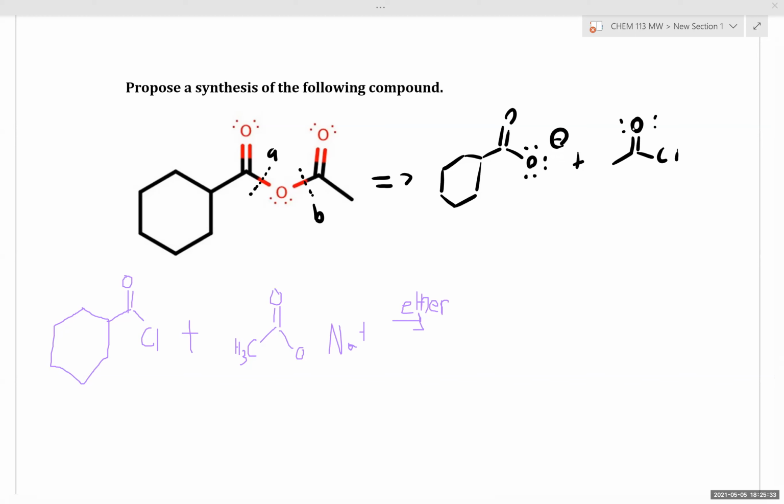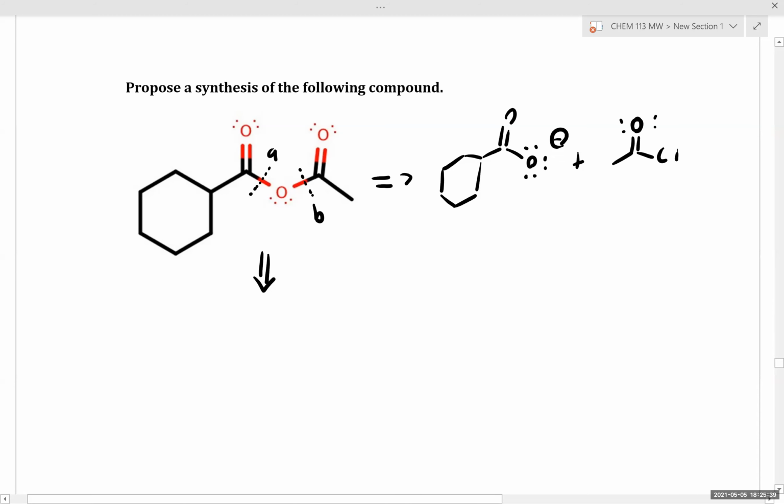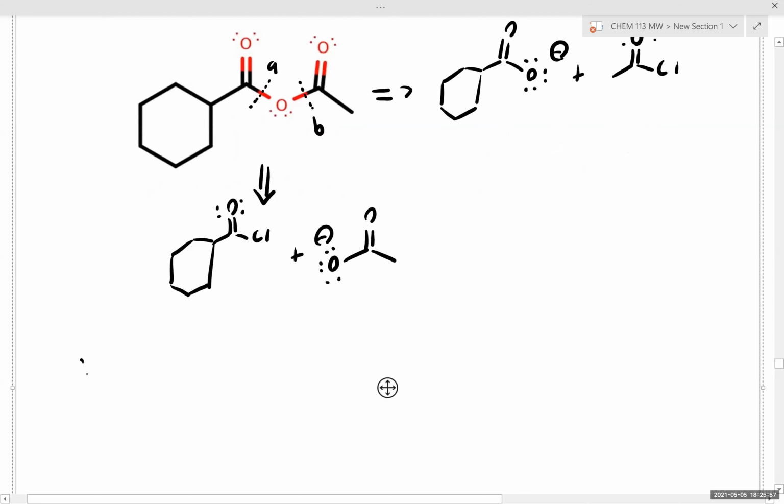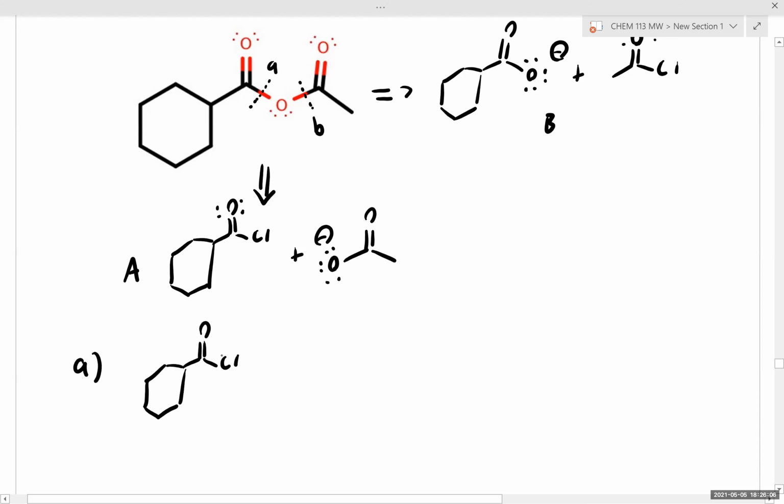Okay, so these student responses look great. So let's just highlight the retrosynthetic thought process here. We can break either of these bonds and trace back this anhydride to the corresponding acyl chloride and a carboxylate ion. In the forward sense for route A, we take this acyl chloride and just directly react it with sodium acetate.